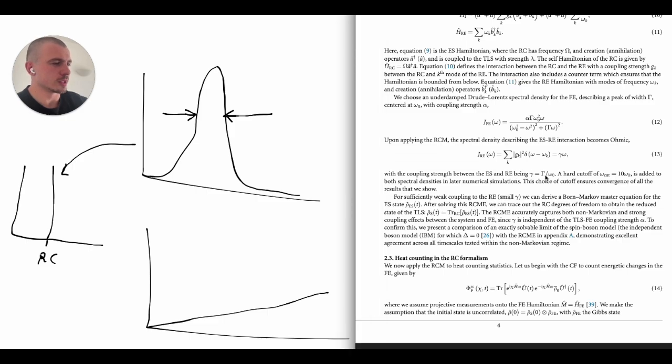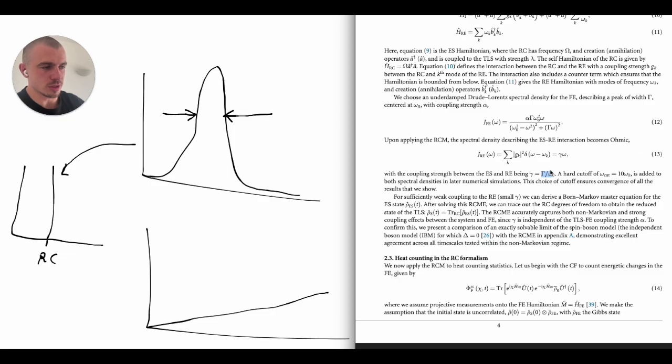So I won't go through all the details here, but essentially this parameter, lowercase gamma, tells us the coupling strength between the extended system and the residual environment. And notice that it is not proportional to alpha, which is the original coupling strength.